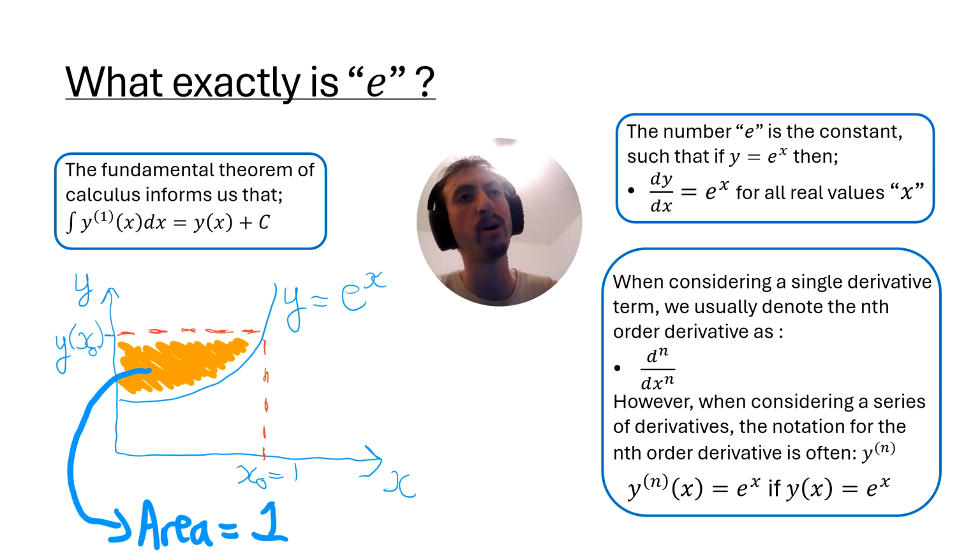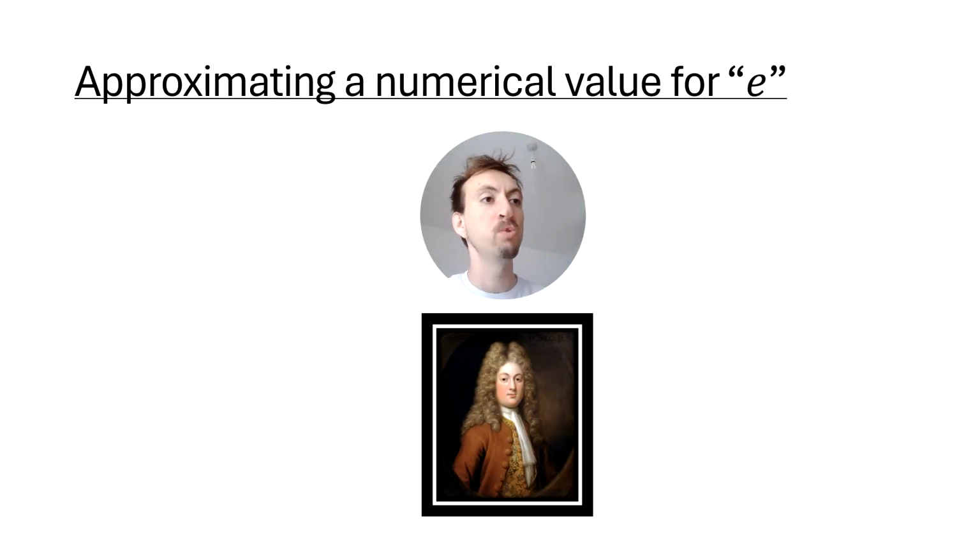Let's look at one way of getting a numerical approximation for e based upon this geometric understanding of Euler's constant. Let's look at a first method for getting an approximation to the numerical value of e.